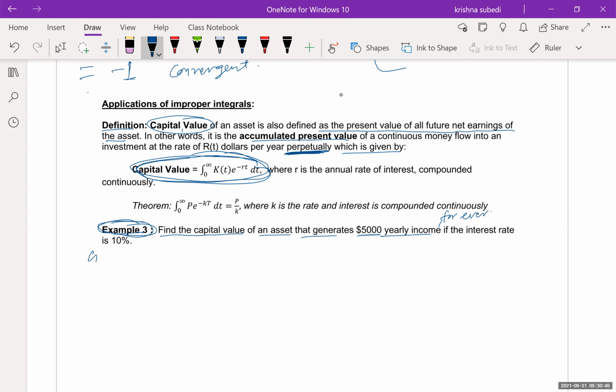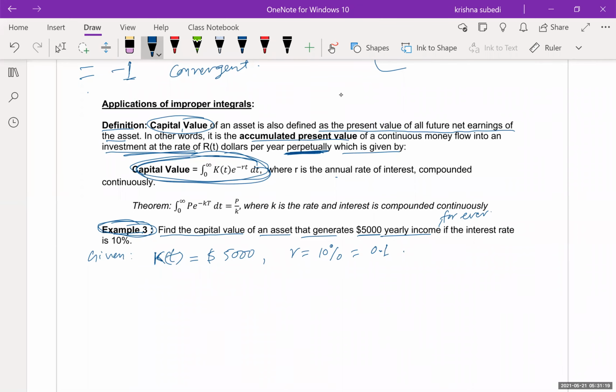So what is given here is K of t, which represents the revenue or income, which is 5,000 per year, and the rate R is 10%, which you can change into 0.1 as a decimal. These are the two things given, right?